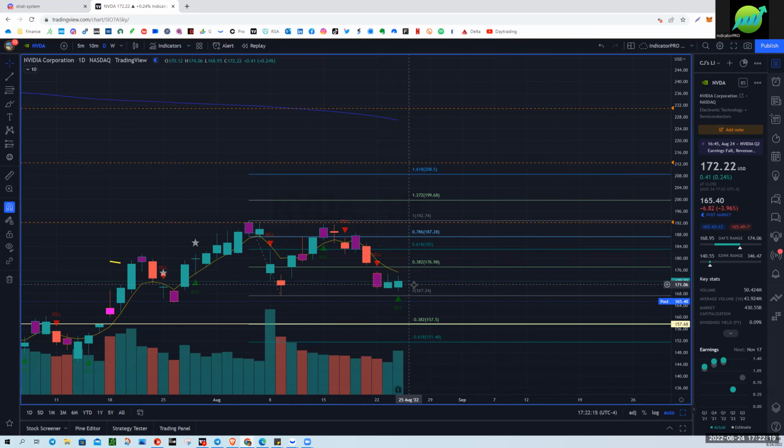This is done before the market is open. So you're going to buy it at a limit of 165 with a take profit of 167 and a stop loss of 177.